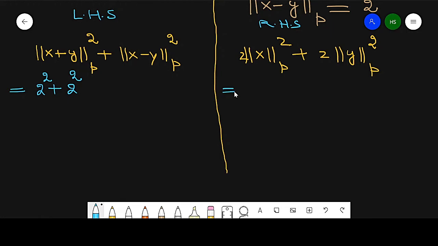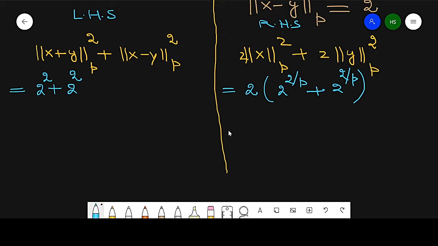Now what is the right hand side? It is 2 times the square of the norm of x, whose value is 2 raised to power 1 by p, so squaring gives 2 raised to power 2 by p, plus again 2 raised to power 2 by p.